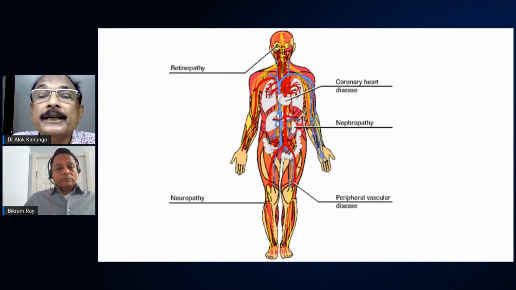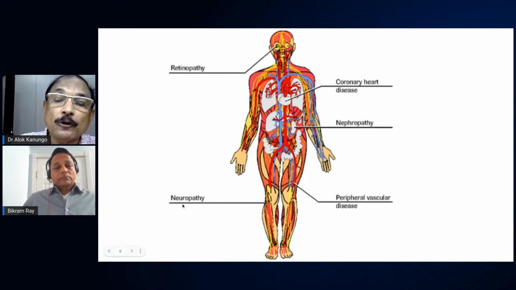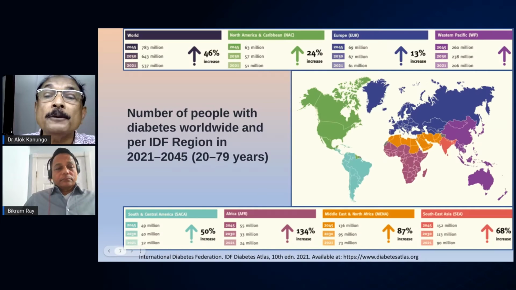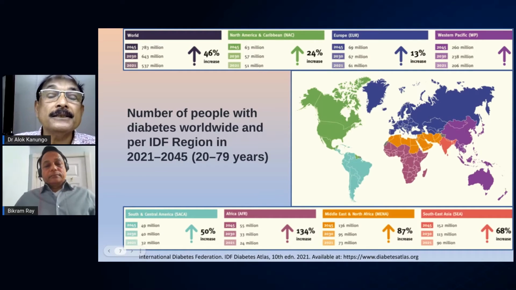As I told, retinopathy, coronary artery heart disease, nephropathy, peripheral vascular disease, and neuropathy are among the most common problems of diabetes. The number of people with diabetes worldwide and per IDF region is increasing.